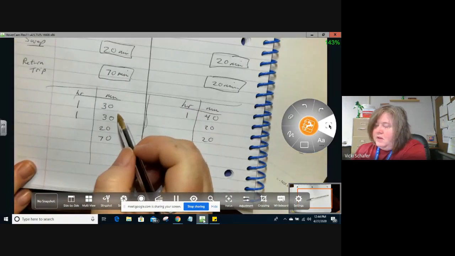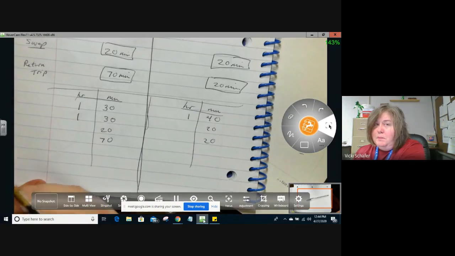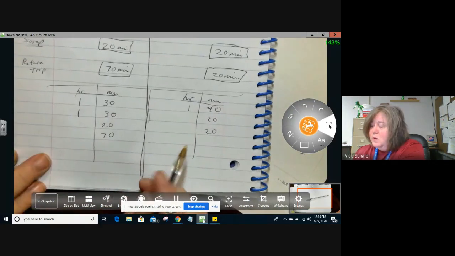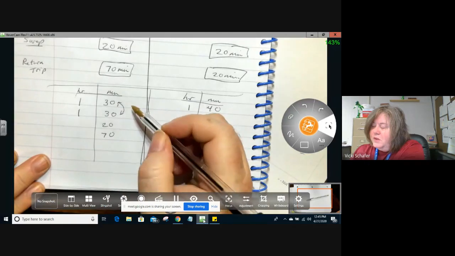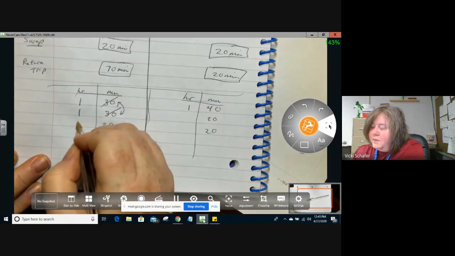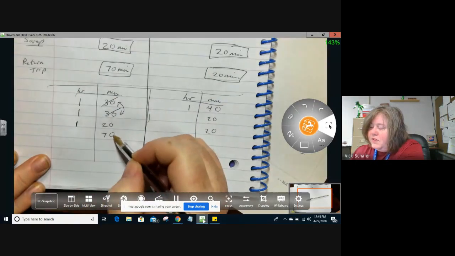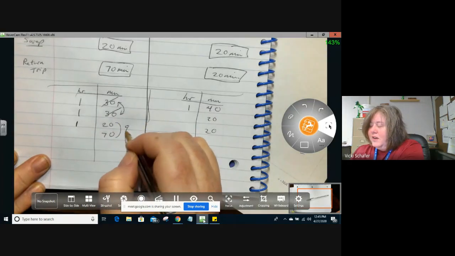All right. Clumping things into groups that help us out is the best way to work problems like these. When we see that we have 30 and 30, we know automatically that those go together to give us 1 hour. Then we have 70 plus 20. That's a total of 90 minutes.